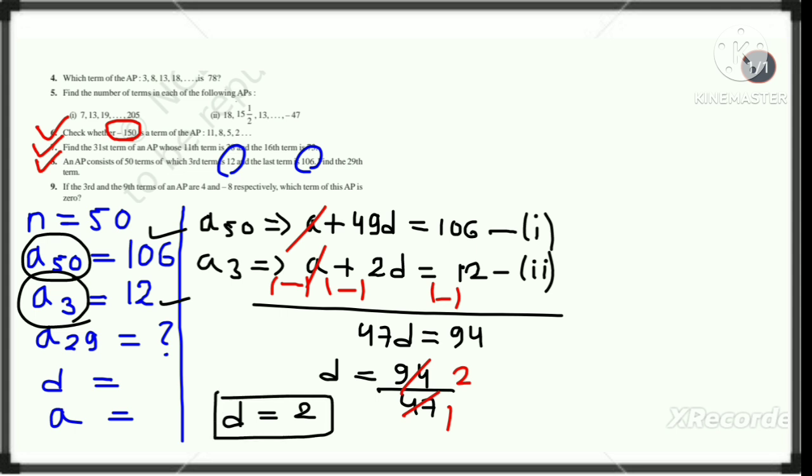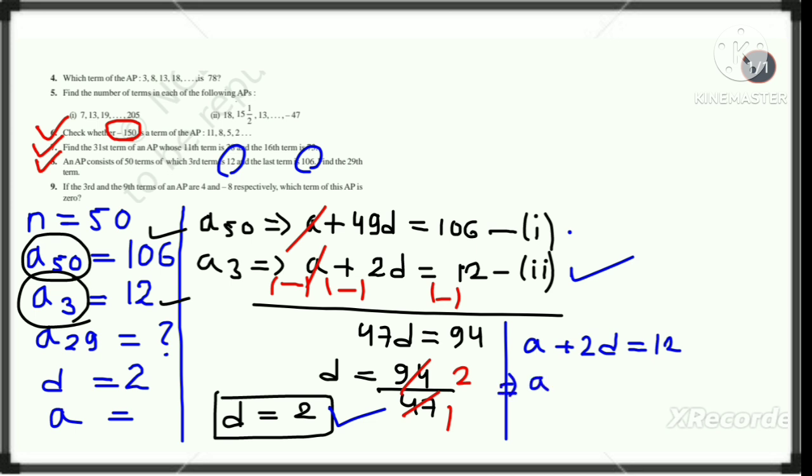d equal to, here we have obtained 2. Now by putting the value of this d in either of the equations, we can easily find the value of a, right? And here I am going to put this value of d in equation 2, and our second equation is a plus 2d equal to 12.